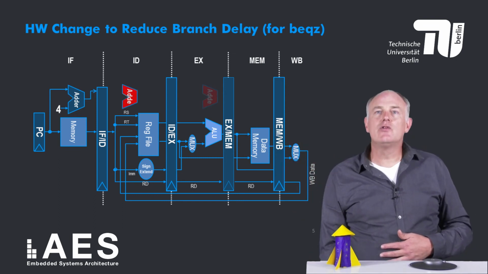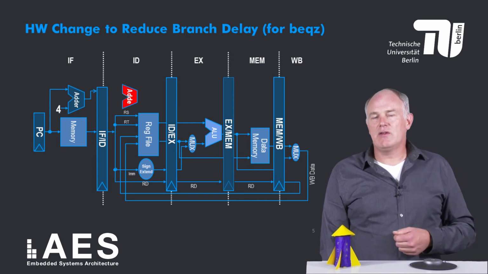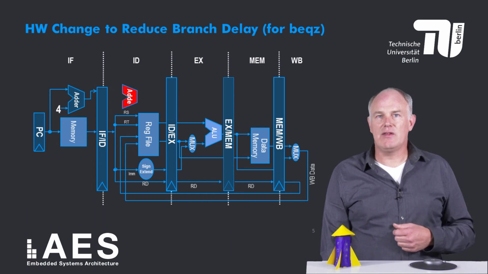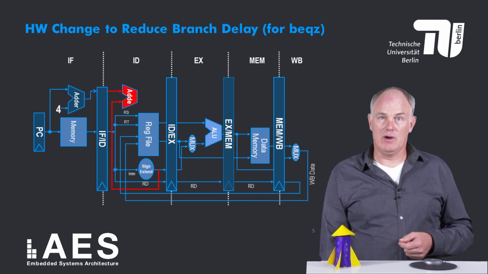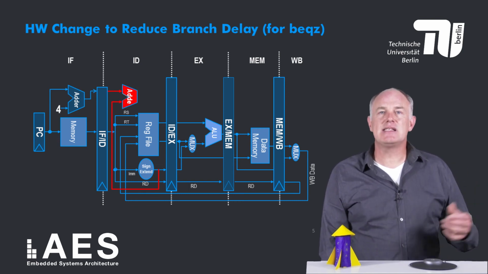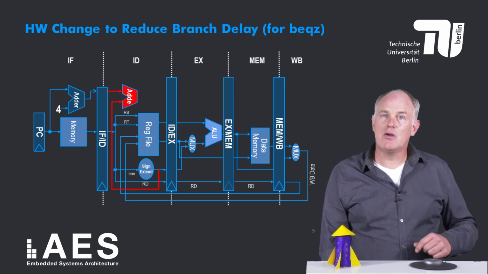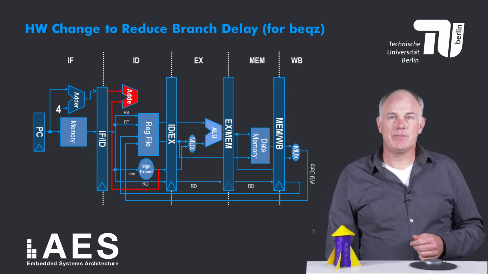The first thing we need to do in order to move branch execution to the ID stage is to move this adder to the ID stage. The inputs to this adder are PC plus 4, which has been calculated in the previous stage, and the sign extended immediate contained in the instruction. To be 100% correct, this immediate needs to be multiplied by 4, but for simplicity this has been omitted.